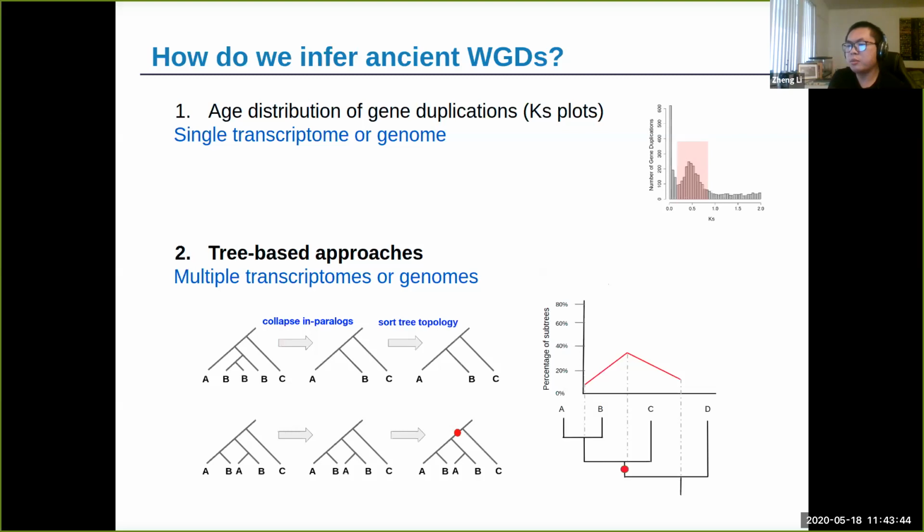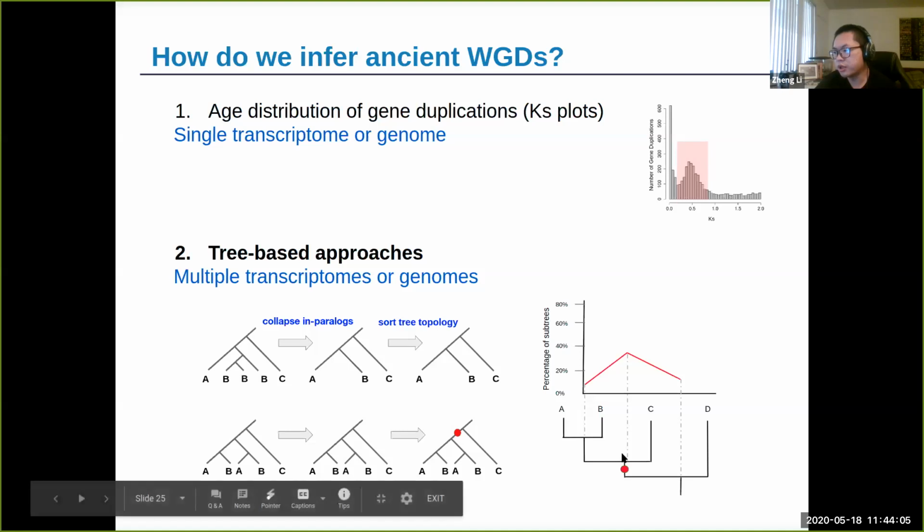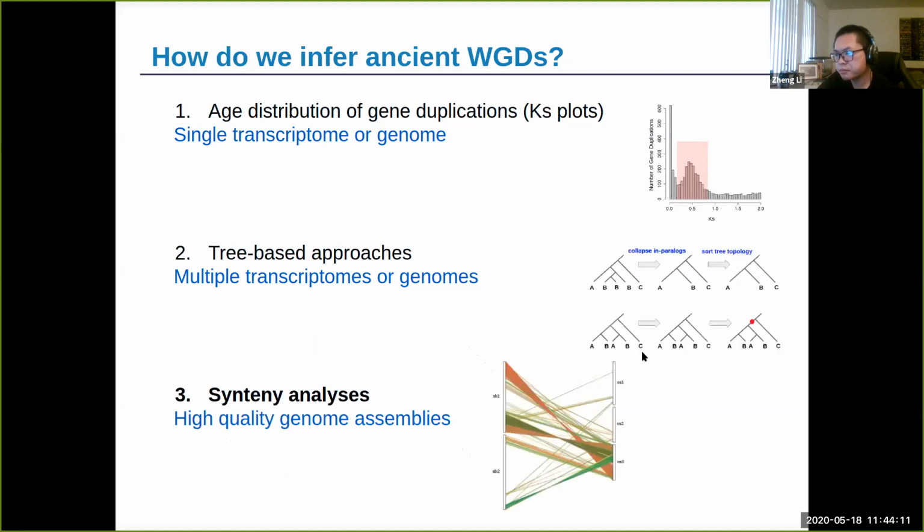The other common type of approach is the tree-based approach. Many methods have been developed for this type of approach. The data required is usually multiple transcriptomes or genomes. In general, you cluster gene families and build gene trees, and you look at patterns of gene duplications based on trees or subtrees across the phylogeny to infer ancient polyploidy.